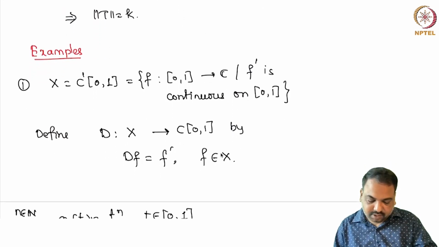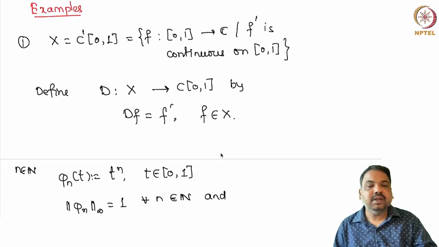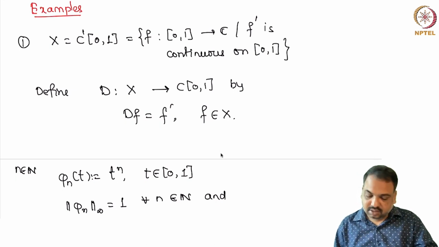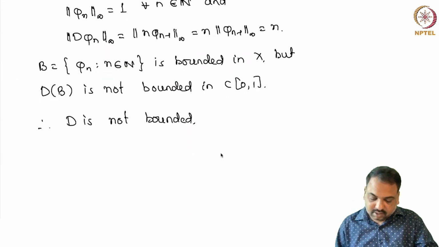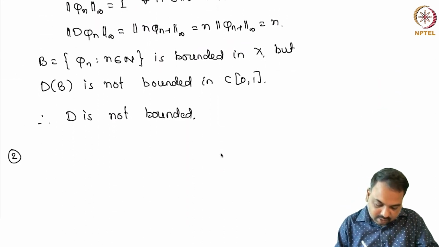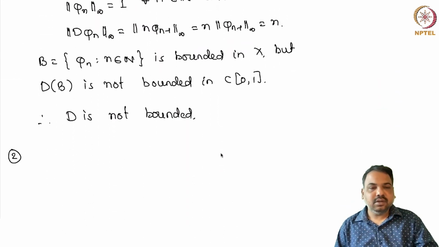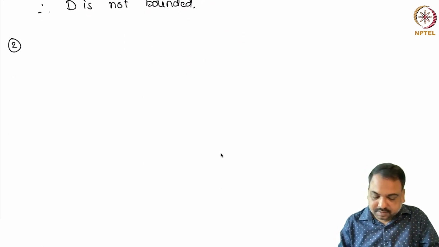If you observe, the domain of this operator is C'[0,1], which is not a Hilbert space, and the codomain we have also taken with respect to the sup norm. C[0,1] with the sup norm is not even an inner product space. So this example is between two normed linear spaces. Let us look at one more example on Hilbert space.